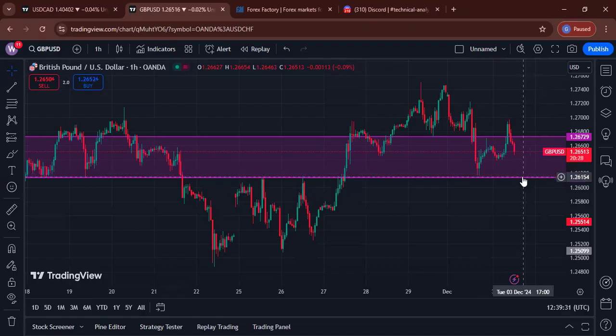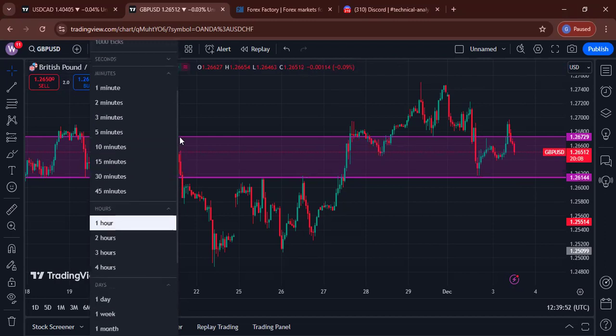But the area where the entries come in, that is where the whole thing, you will have to make it as accurate as possible. But let's be patient.